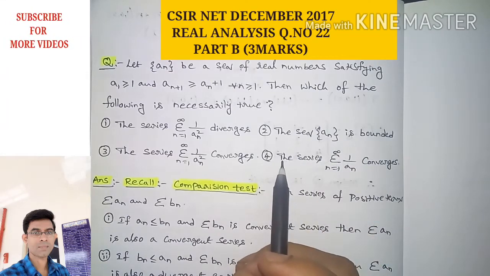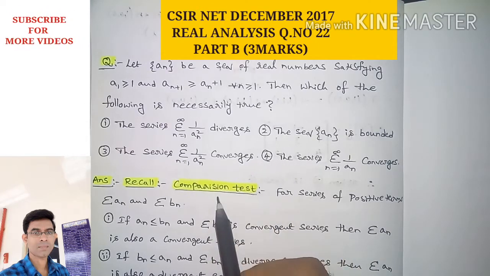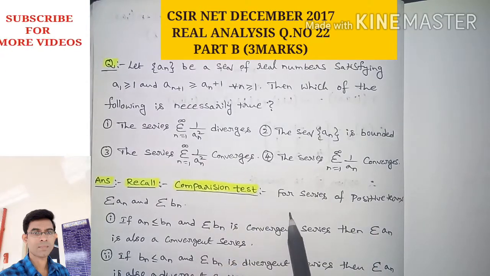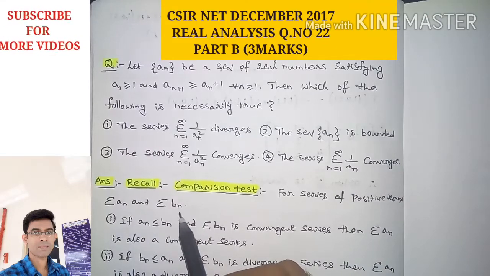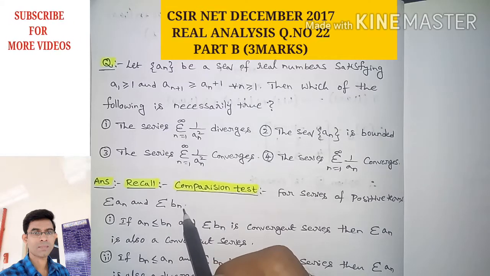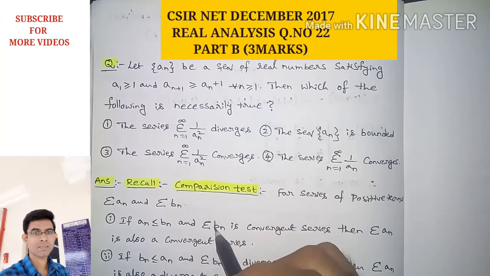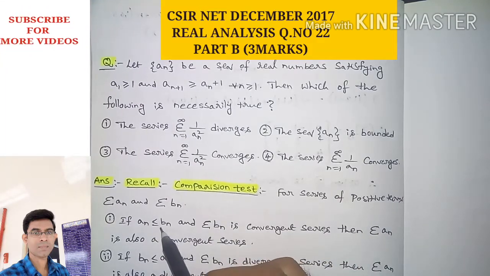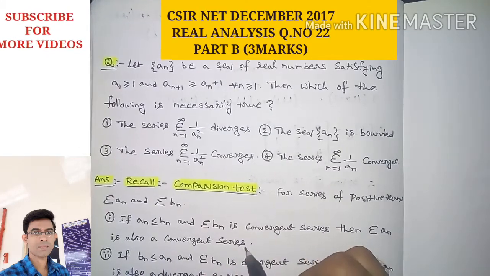For this, we have to use a comparison test. This is a simple question. So first we have to recall the comparison test statement. For series of positive terms, sigma a_n and sigma b_n, that means here a_n and b_n are two series of positive terms. Then if a_n ≤ b_n and sigma b_n is a convergent series, that means whenever the bigger term series is convergent, then sigma a_n is also convergent.